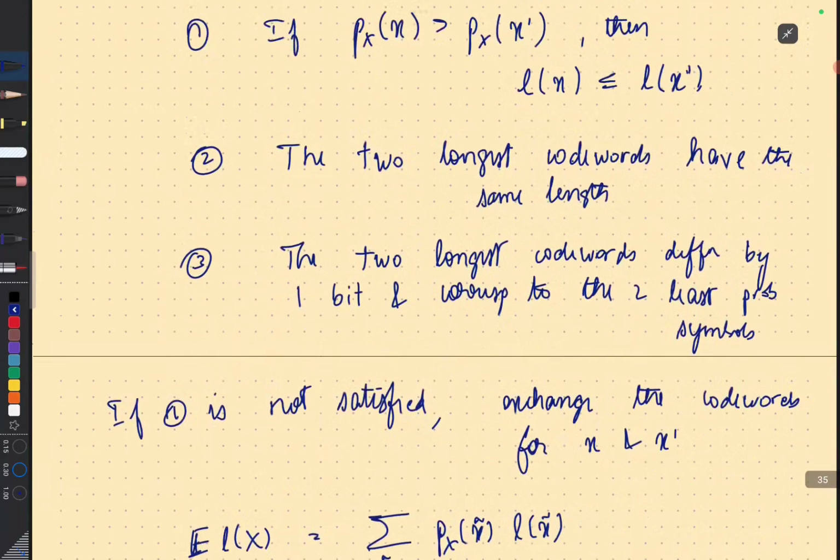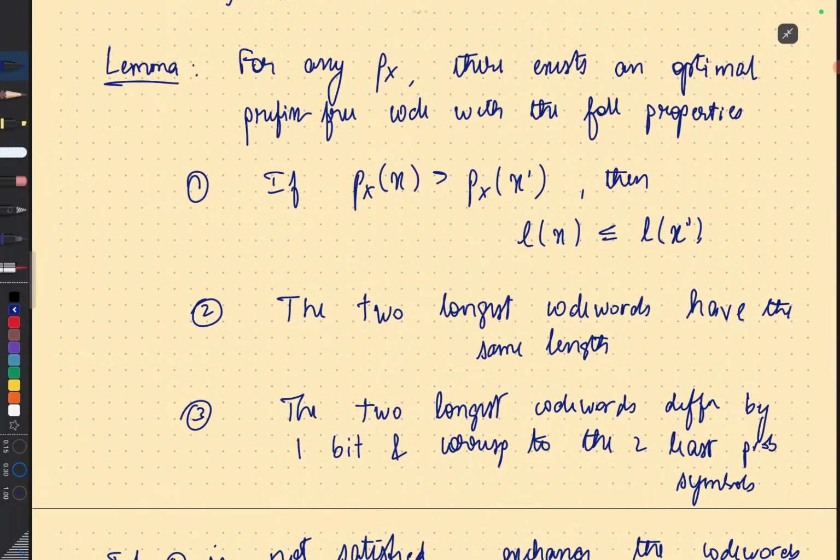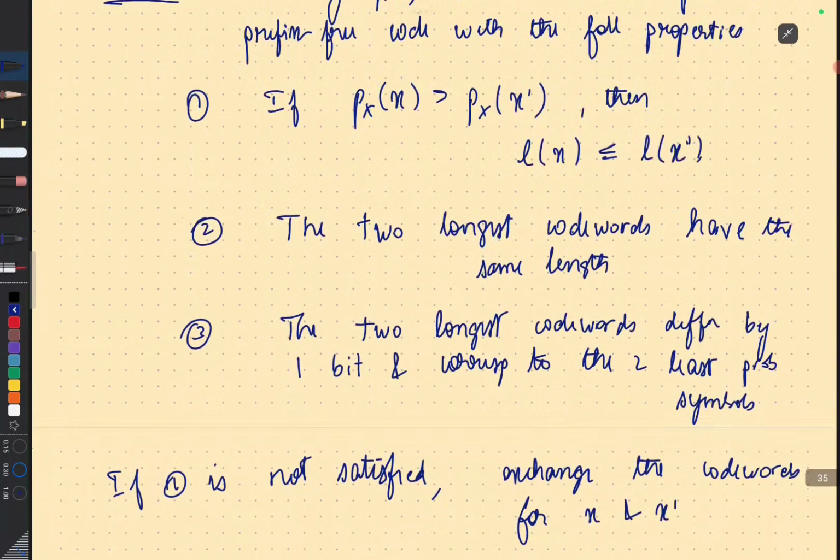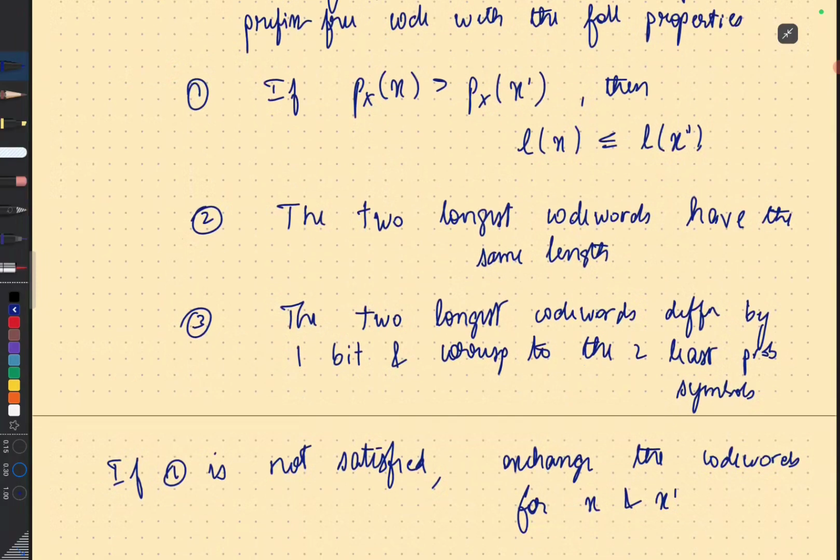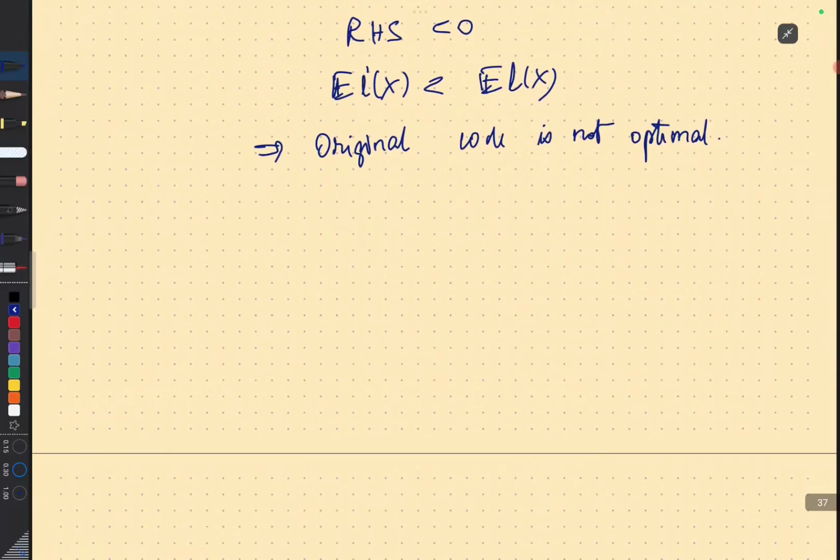Okay. So every optimal prefix-free code must satisfy the first property. What about the second property? The two longest code words must have the same length. So let's take the two longest code words, and suppose x and x prime, L of x and L of x prime are the longest.